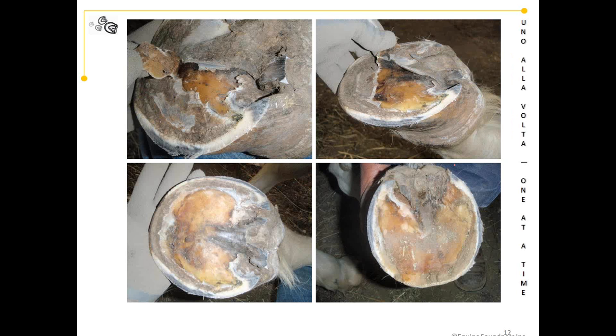Here we have another sole abscess, where you can just peel the whole sole off after a while. Even in a two-dimensional picture, it looks to me as if he's rotated. The coffin bone is firmly pressing onto the sole.